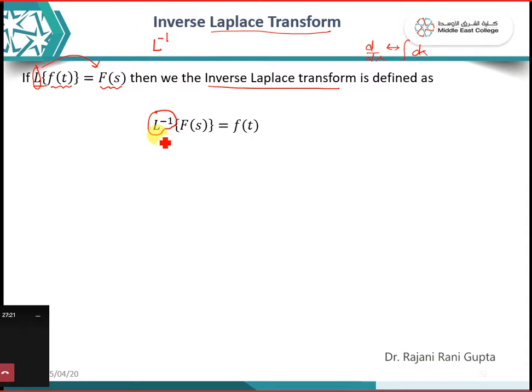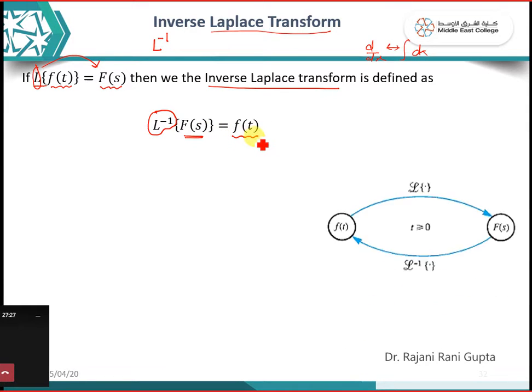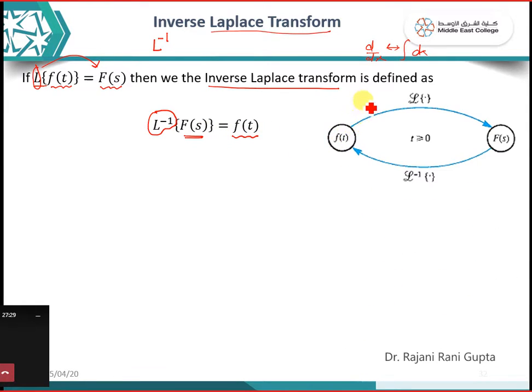So the inverse Laplace operator is applied on a function of s, which gives you a function of t. Okay, so this is what we were doing. Whenever we have a function of t, we apply Laplace transform on it and we get a function of s. On the other hand, if we have a function of s and we want to return to the original function, we apply inverse Laplace transform and get the function of t.